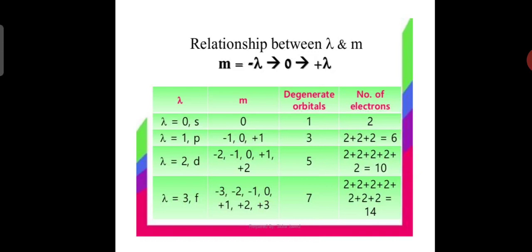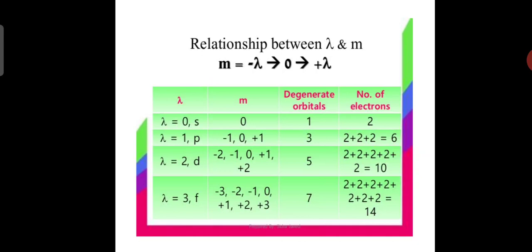Relationship between the azimuthal quantum number and the magnetic quantum number: m ranges from negative l, through 0, to positive l. When the sublevel is 0, it means the energy level is 1, right?